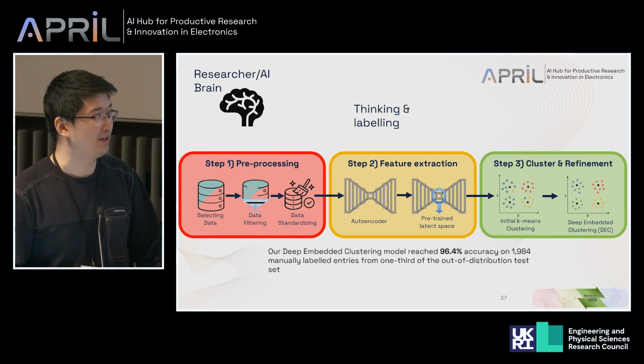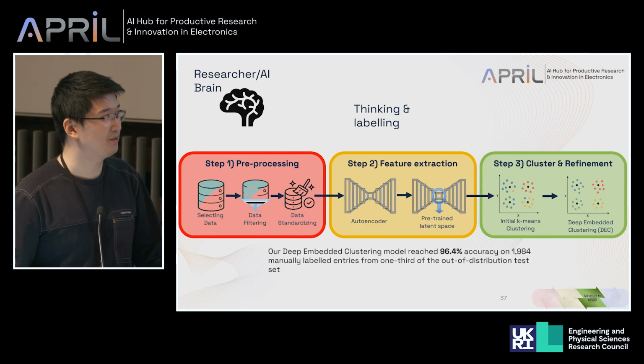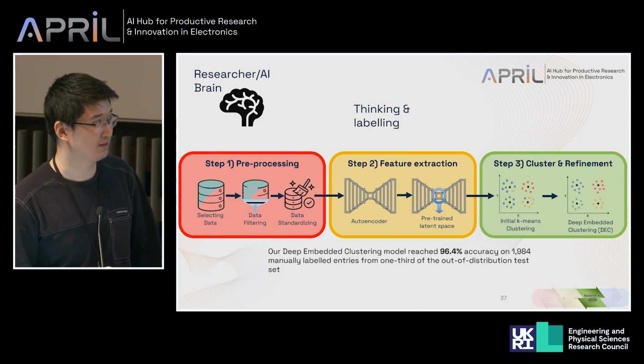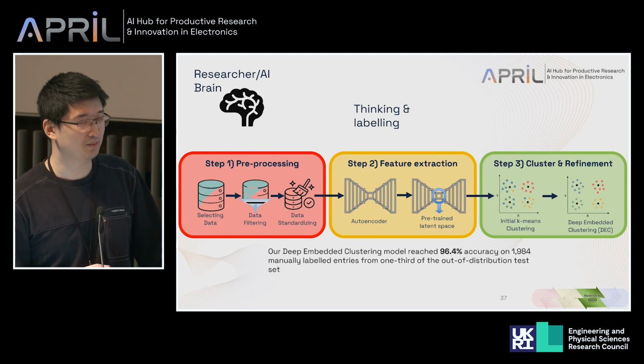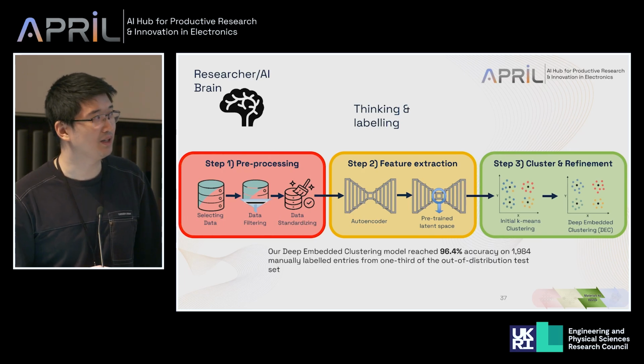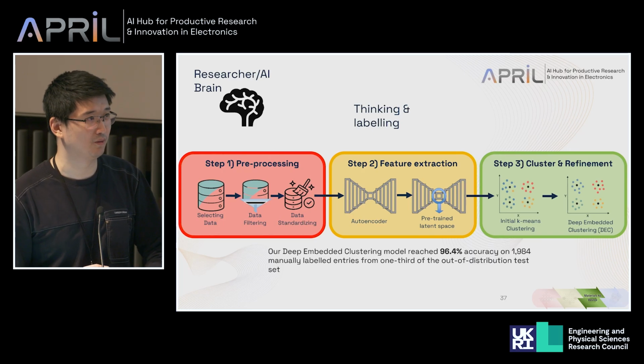Then I manually label a few of them to check how good the model's prediction is, and it shows interpretable and very high accuracy labels explaining the behavior in different classifications.